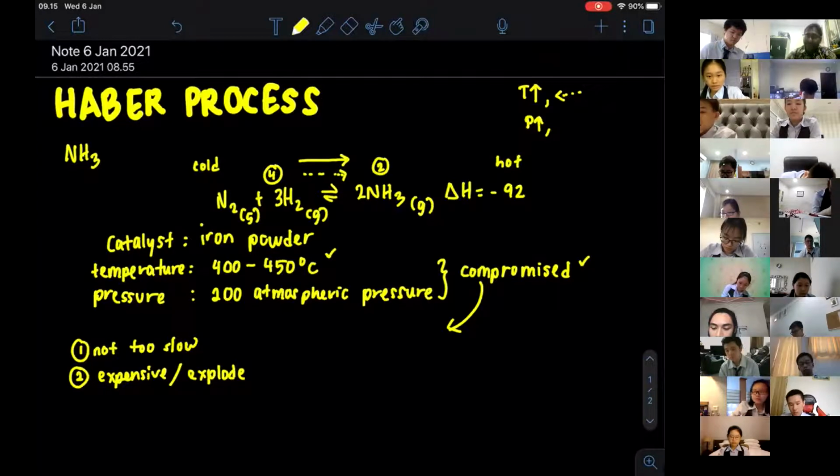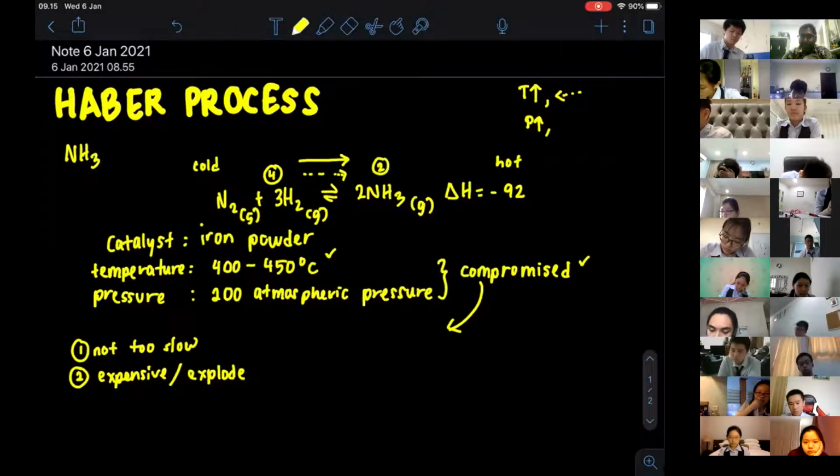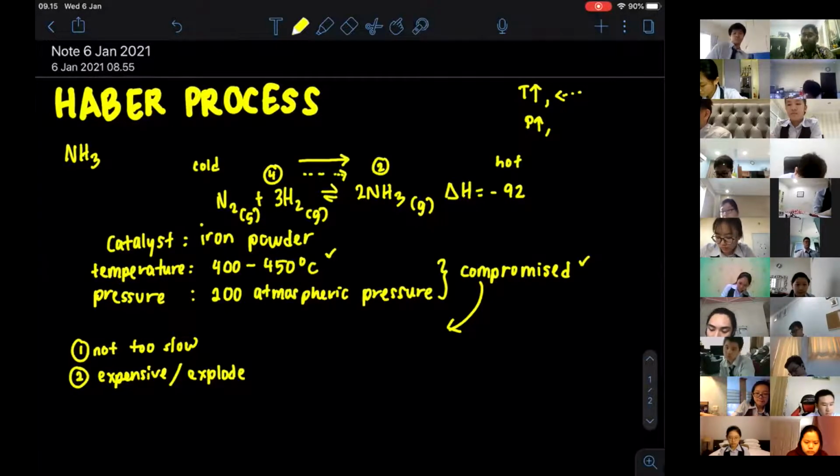But we still need to look into equilibrium, the position of the equilibrium. So you still need to come into what we call a compromise condition.